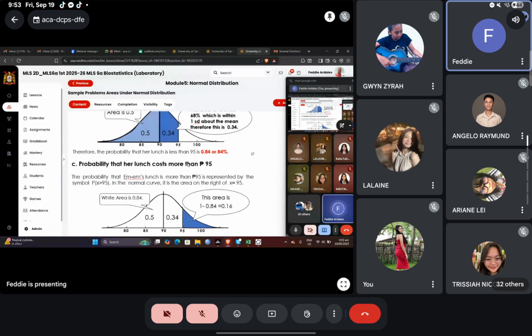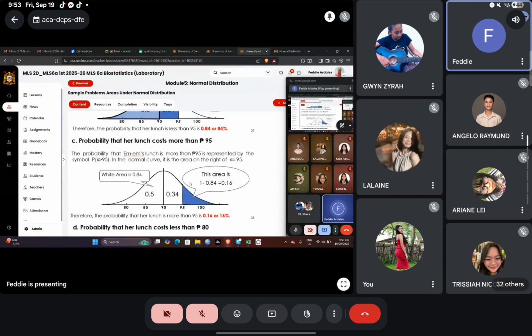We know that the total area is 1, so all we have to do is 1 minus 0.84, which gives approximately 0.16. So the probability that her lunch costs more than 95 is approximately 16%.